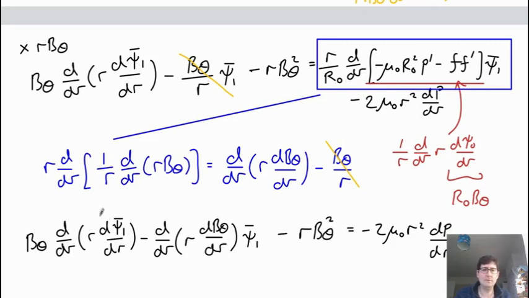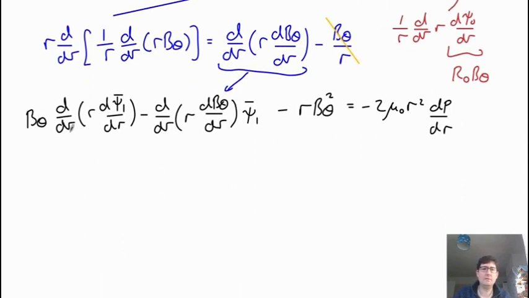So here the first term has just come from this first term up here, second term has come from this red bit here, so this bit here went into there. This R B theta squared survives, and this 2 mu naught R squared just comes down here.